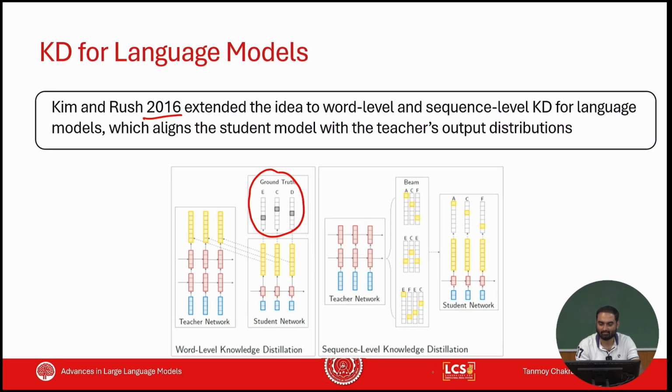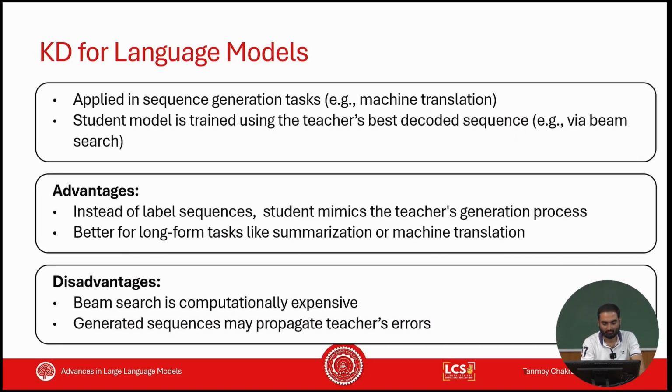But that's fine. They said that you do not rely on ground truth, because during the test time you will not have any ground truth as such. So better you retrieve the logits of the sequences generated by the teacher model, and then you minimize the logits of the teacher model and the student model. Okay, so as I mentioned, beam search is computationally expensive, right?